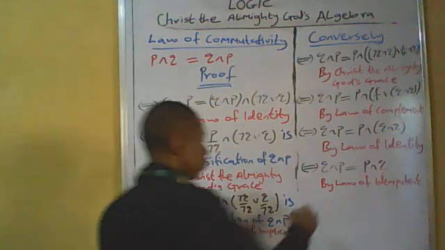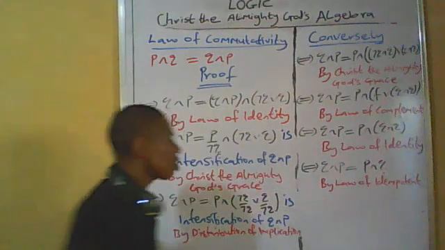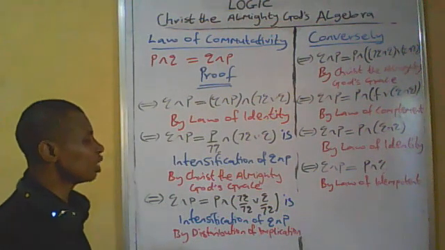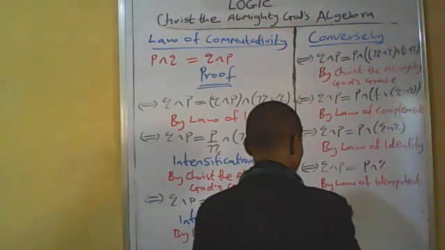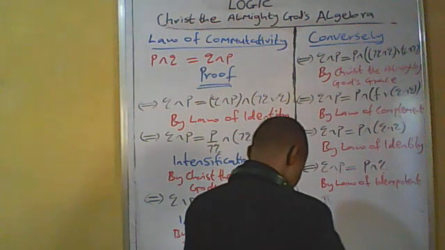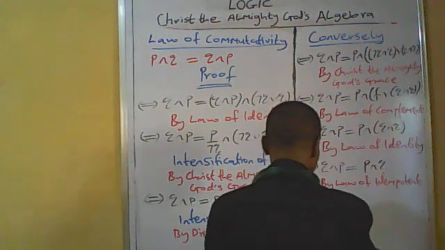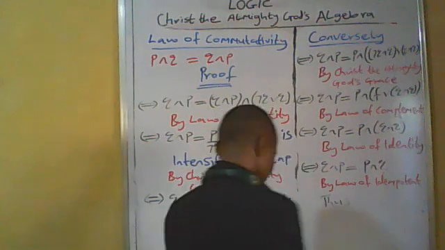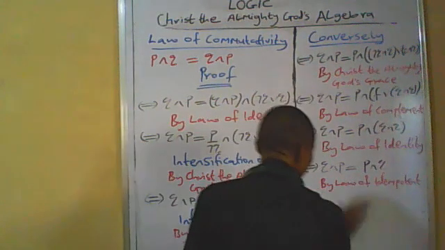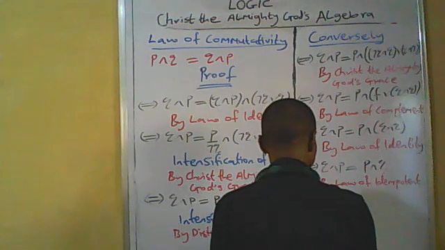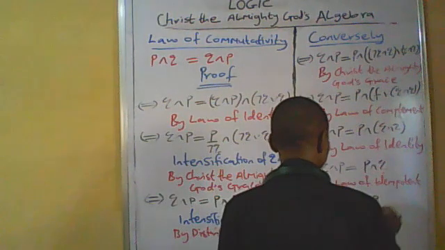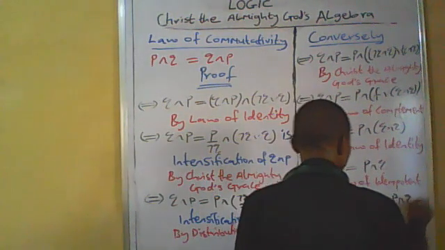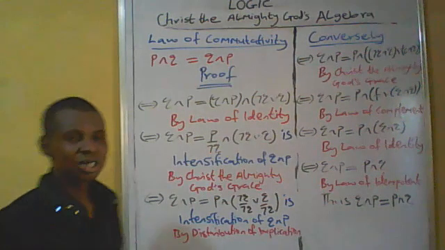So if and only if, now I have proved the converse, that Q and P is equal to P and Q. We then conclude, we say thus, Q and P is equal to P and Q. So we have now proved the converse.